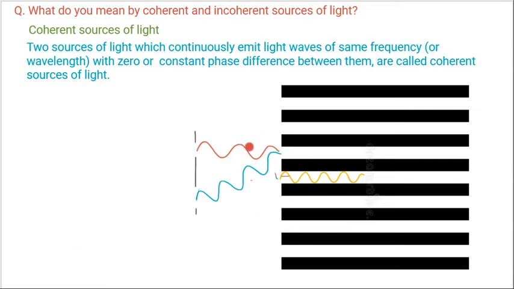Now in this case what you notice is that the light coming from slit S1 and S2 have the same frequency. And this distance, this complete one cycle distance.